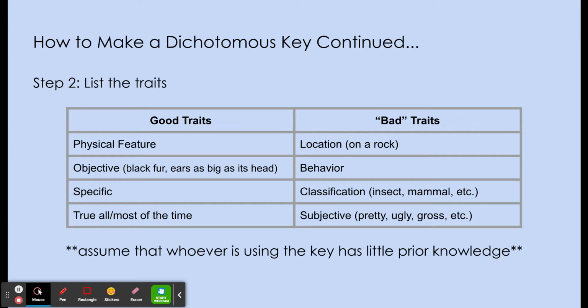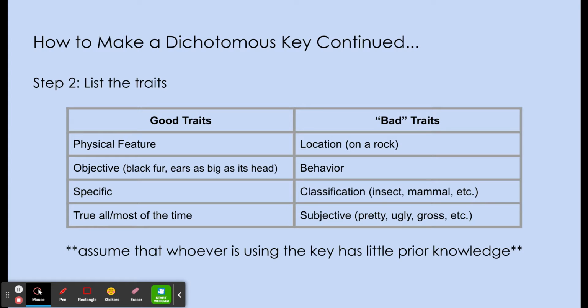In addition to that, you don't want to give me subjective traits like this gross bug or this ugly fish. Those things are very subjective and hard to tell. Similar to small or big or light or heavy, all of those things are really open to a vast amount of interpretation. The key thing here is to assume that whoever is using the key has very little prior knowledge of any animal.